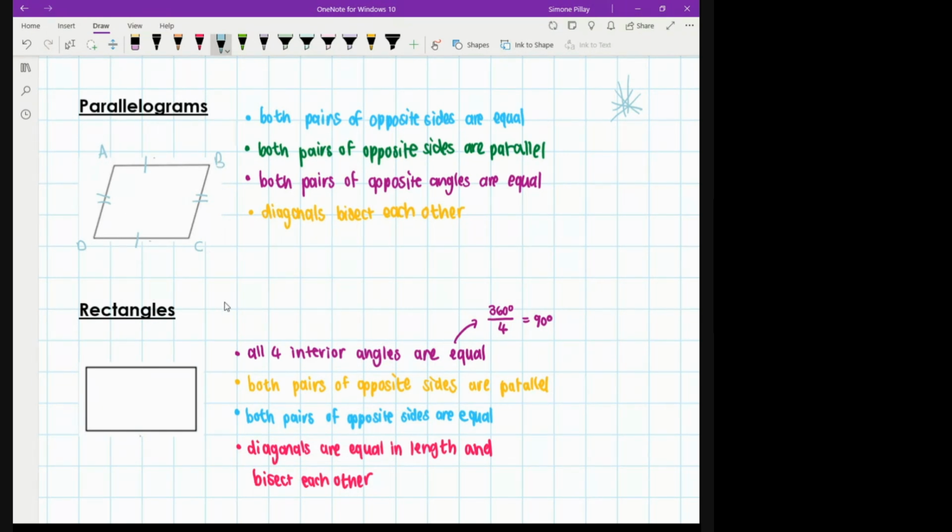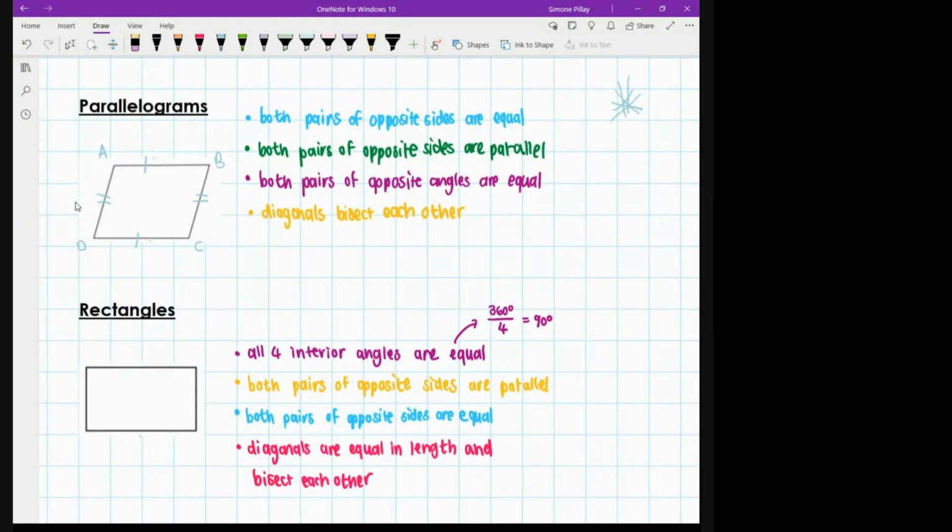So if they give you a parallelogram and they tell you this side is 6 centimeters, and then they ask you what's the length of side BC, you have to know the opposite sides in my parallelogram are equal. And so this means that BC will also be 6 centimeters.